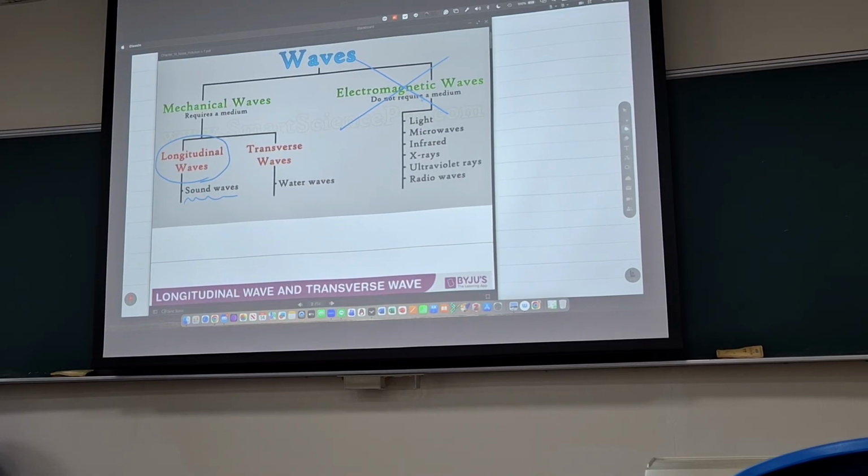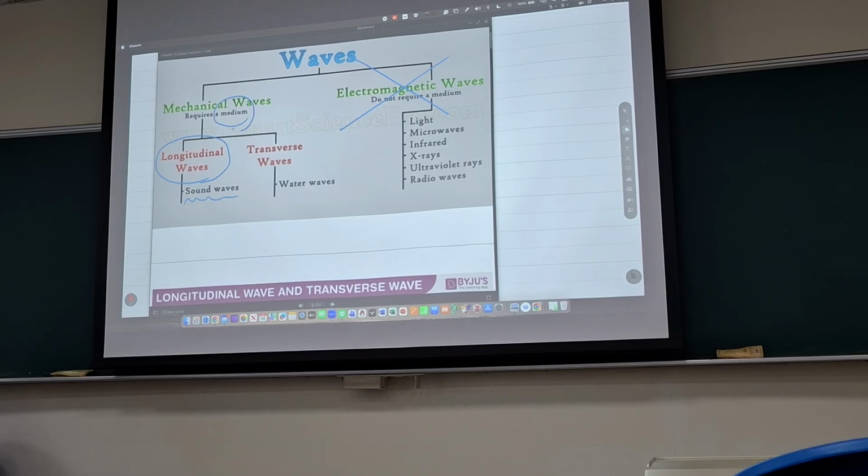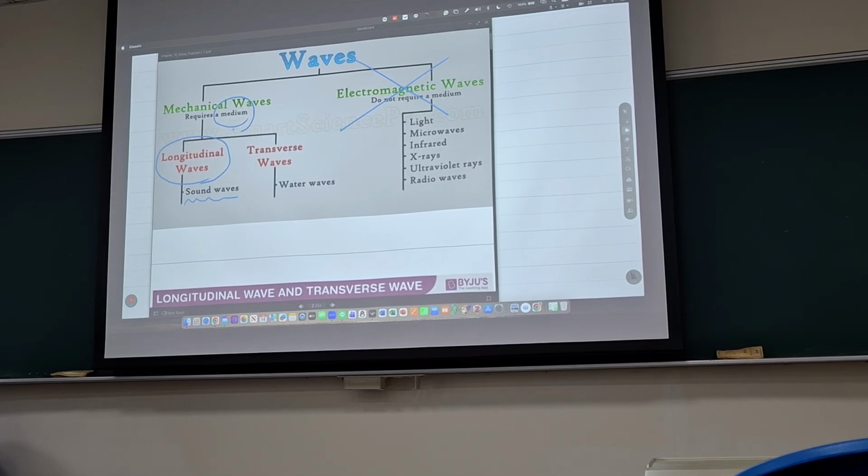Also, I forgot to mention this. The difference between mechanical wave and electromagnetic wave is that mechanical wave requires a medium, for example, like air or water. But electromagnetic wave does not require a medium. Understand?